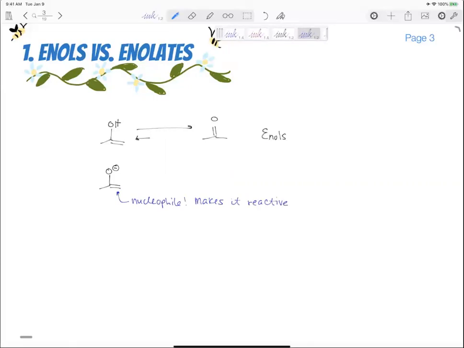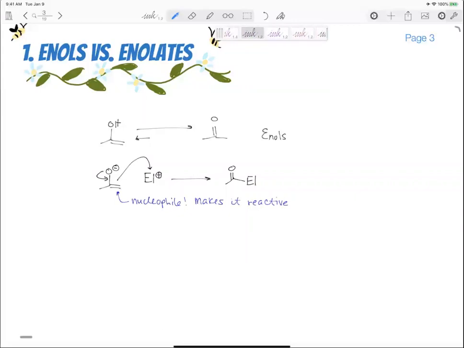Okay, this is what is going to be the reactive part of the molecule. So again, this doesn't really tautomerize per se because you need an enol for that, right? But if you have an electrophile, this collapses down to attack to form the electrophile here.